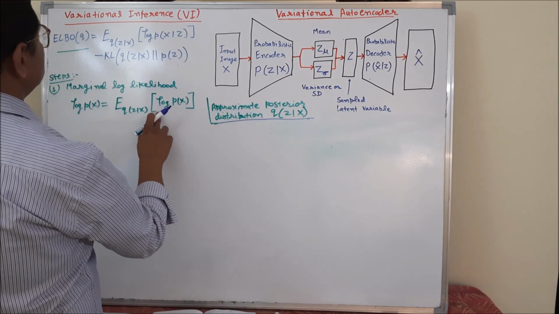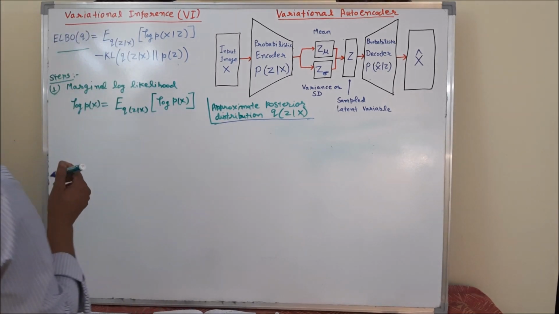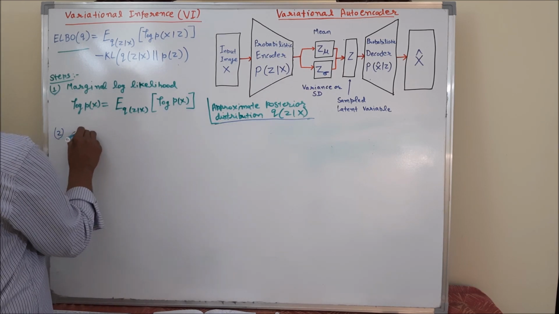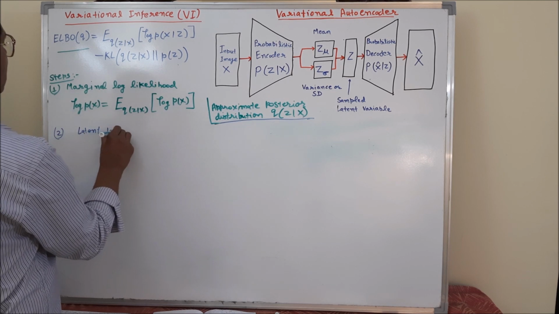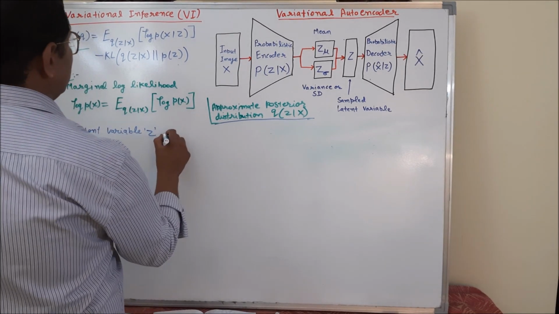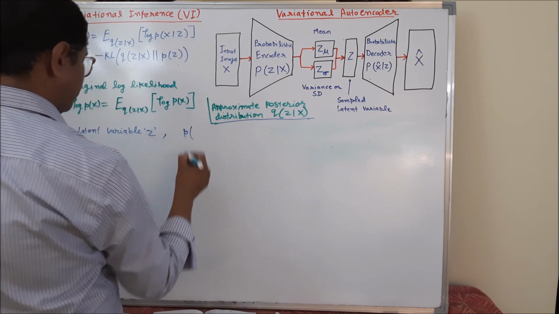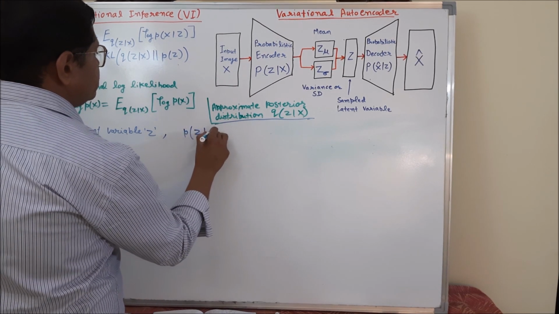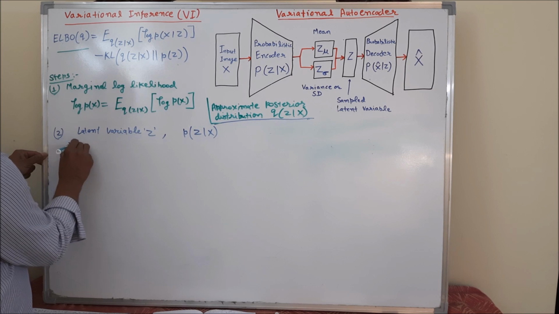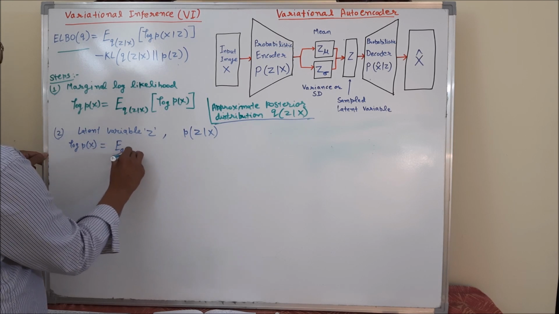The next step is simple: we introduce the latent variable Z, and we multiply and divide by the conditional probability of Z given X. It is just a computation trick.